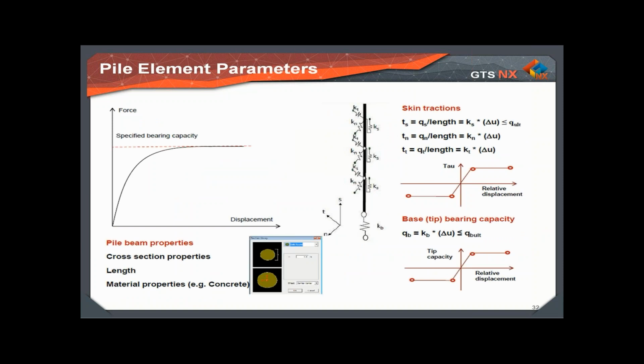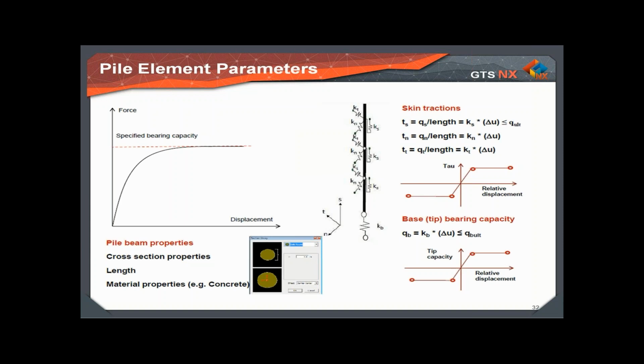So if we look more closely, here we will represent by this solid black line the beam element, and around there is the interface. We have the Kn and Kt, which are lateral stiffness, and we have the Ks along the longitudinal direction.